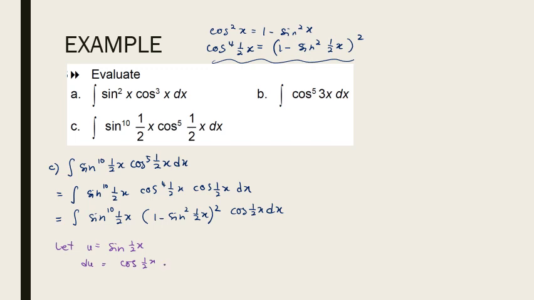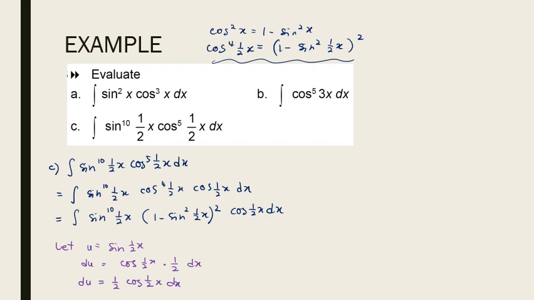times differentiate half x becomes 1 over 2 dx. So, simplify, we get du equal to 1 over 2, bring it in front, cos half x dx.